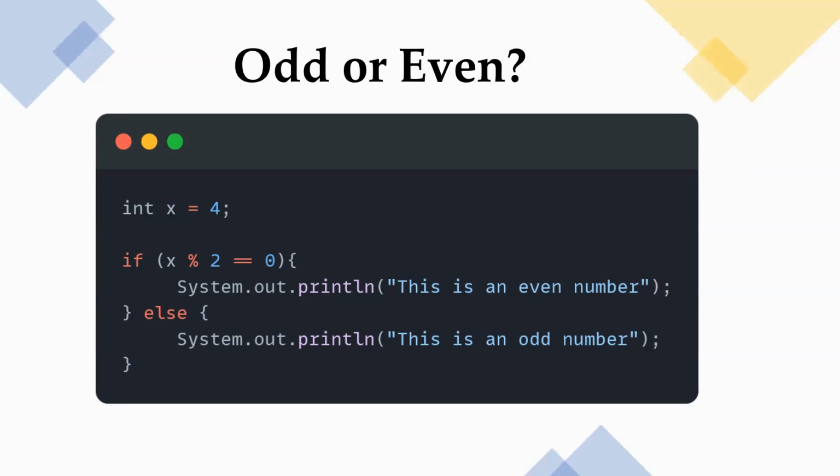So the condition here is x modulus 2 is equal to 0. If any given number modulus 2 is equal to 0, that will be an even number. Just like the example we have seen earlier, 4 modulus 2 will be equal to 0. If it's an odd number, for example 5, then 5 modulus 2 will be equal to 1, which is not 0. So we can use a conditional statement together with the modulus operator to identify whether a given number is an odd number or an even number.